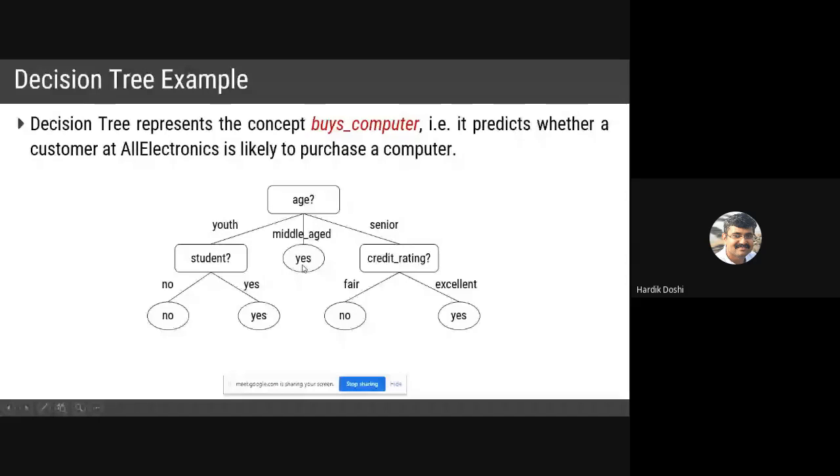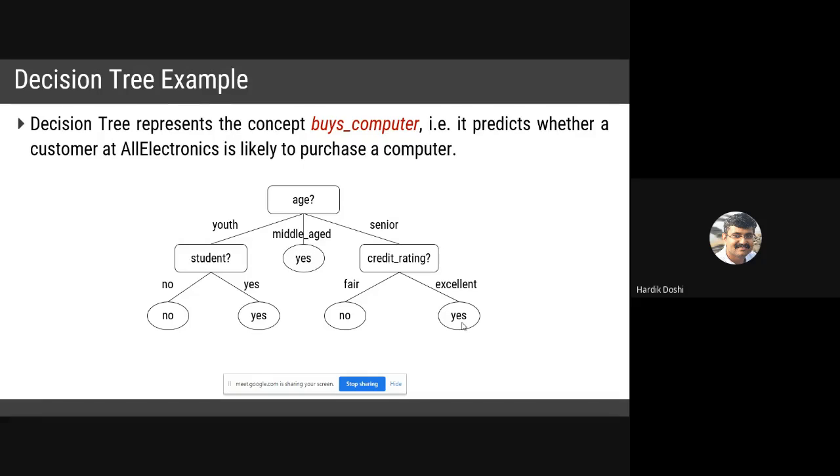Rule 3: if age is senior and credit rating is excellent, then buys computer. So from this decision tree, we came up with three rules which say the person buys a computer.